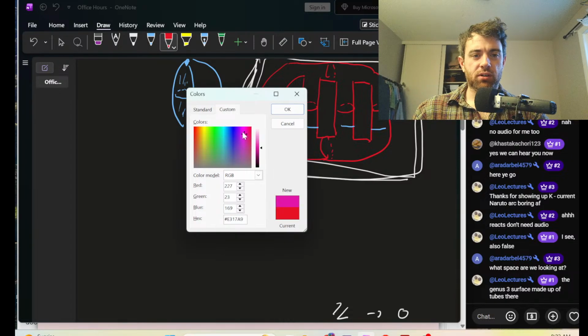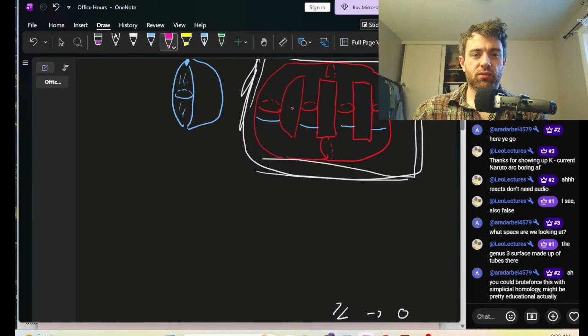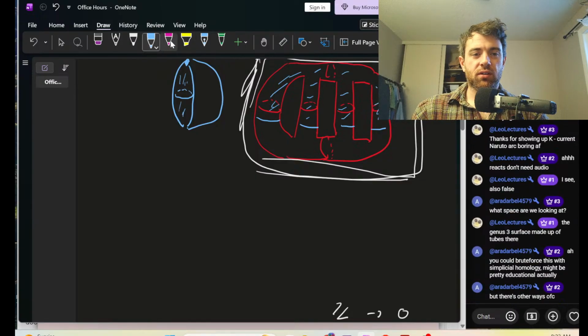Okay, how long am I gonna screw around with colors? Right, so there'll be the top part, and then we'll take this other part here.